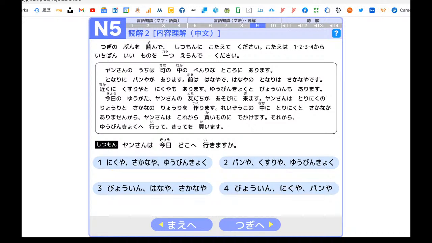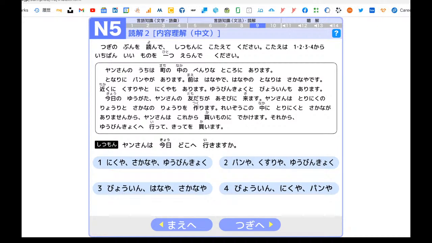And Yan-san は鶏肉の料理と魚の料理を作ります。Okay, so Yan-san will cook chicken and fish dishes. 冷蔵庫の中に鶏肉と魚がありませんから、ヤンさんはこれから買い物に出かけます。So this is a clue. So you don't have to worry about the first four and a half sentences.